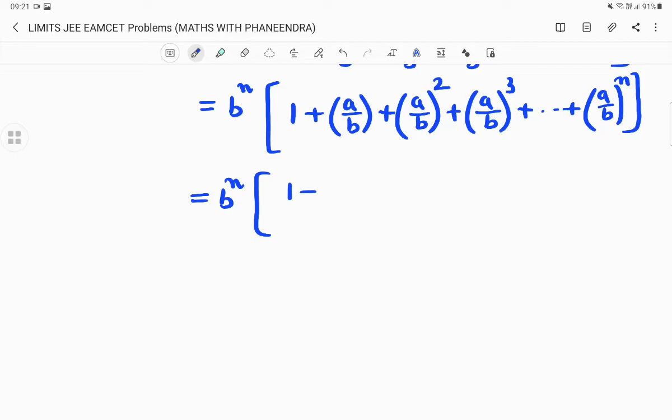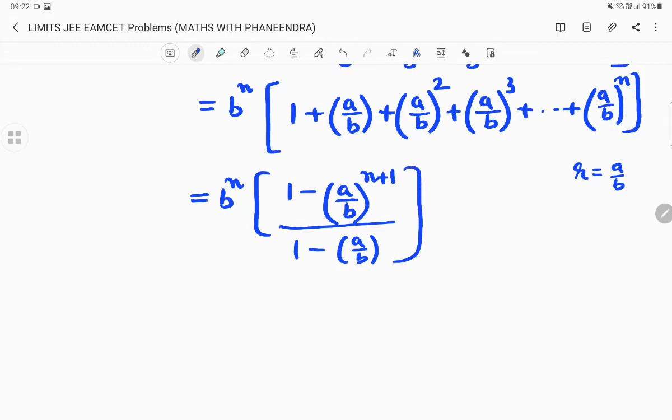But here the common ratio is r equal to a by b, and n plus 1 terms are there in total. So we can write it as 1 minus a by b whole power n plus 1 divided by 1 minus r, meaning again a by b. So here a value is 1, the first term.